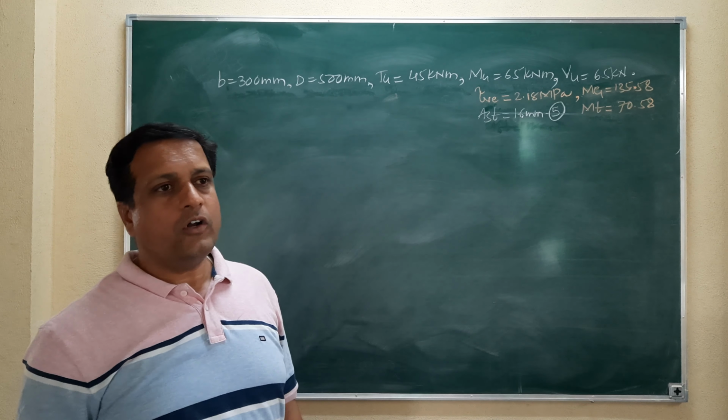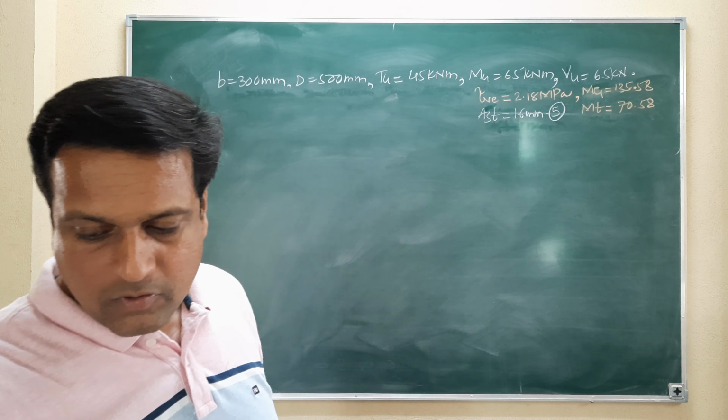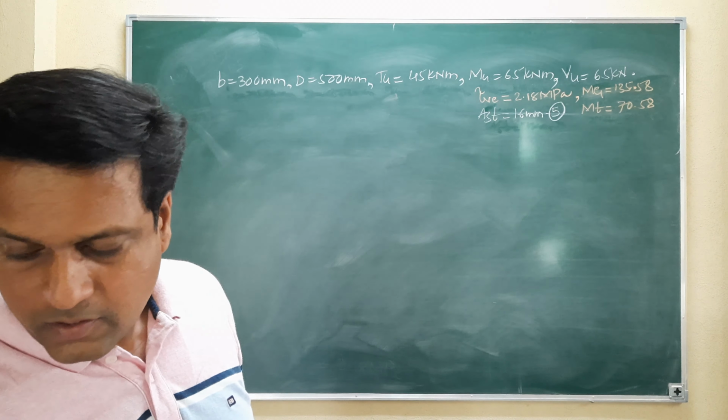Now, what about the compression steel? Compression steel is calculated when the numerical value of MT exceeds the numerical value of MU.